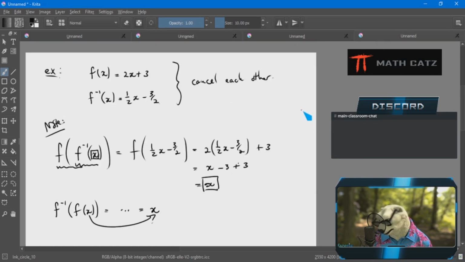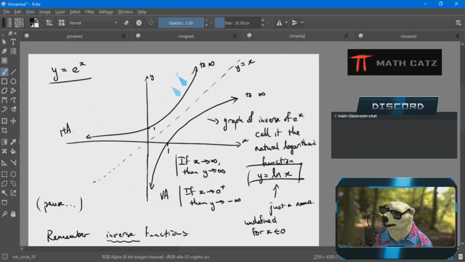Okay. So now I understand the link between inverse functions. If I have one function and its inverse, then they are linked by way of composition and they cancel each other's effects. I don't care what they're named.